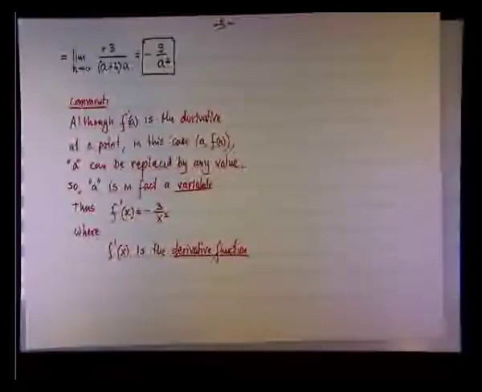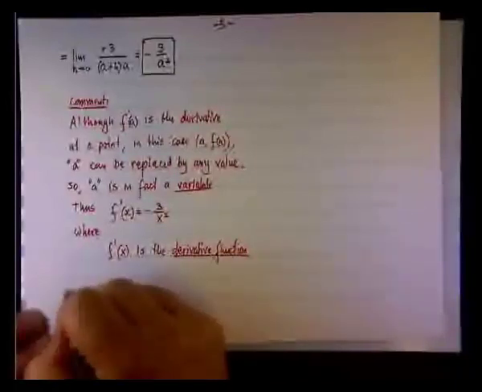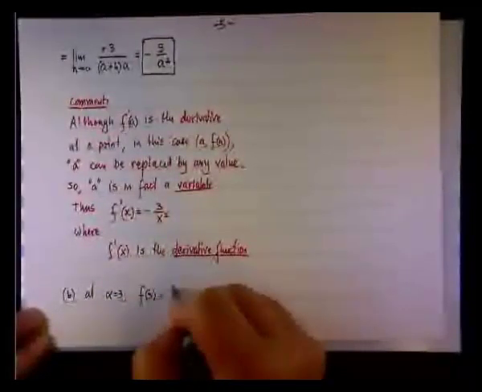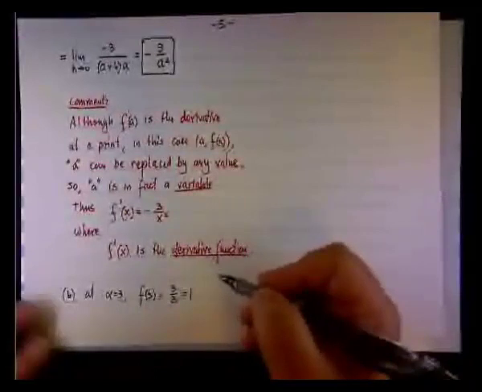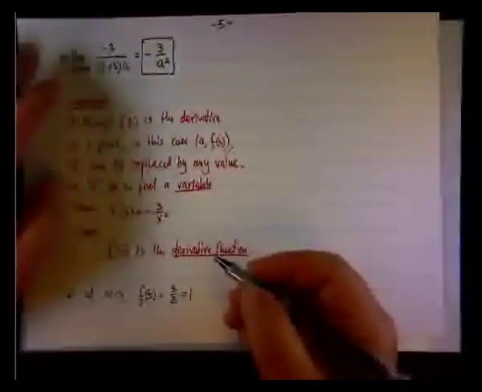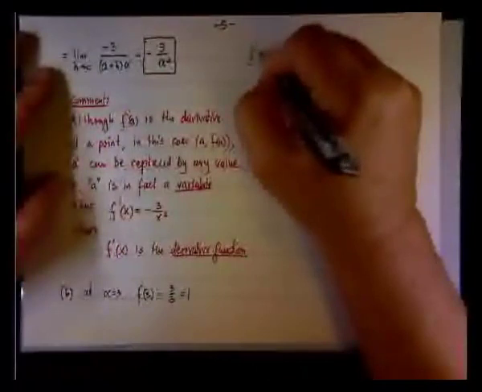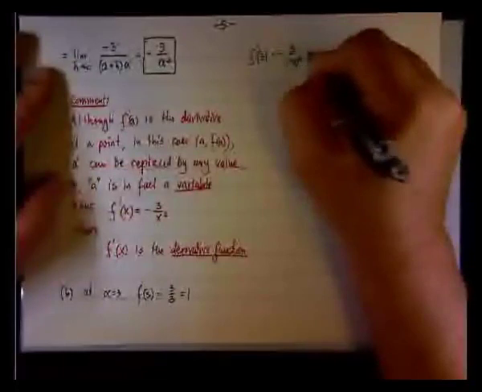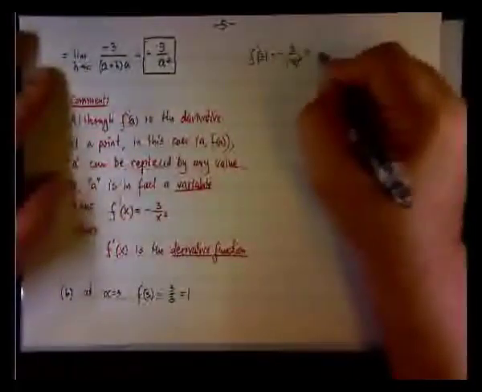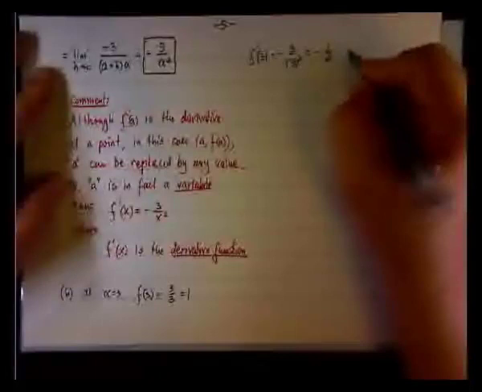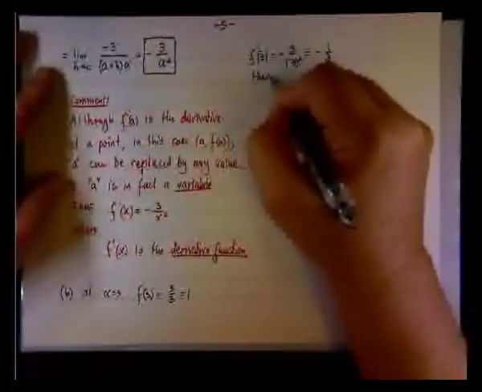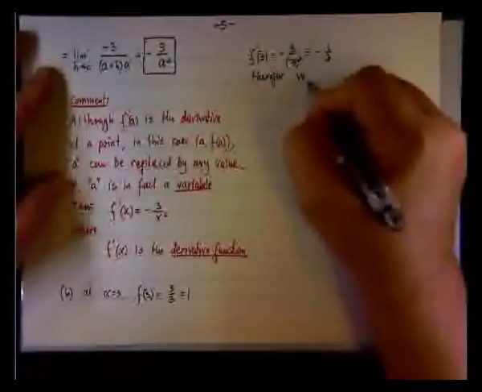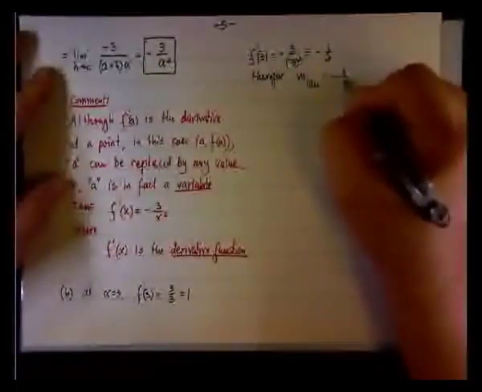Okay, what happened at x equals 3? At x equals 3, f of 3 equals 3 over 3, which equals 1, right? And now the derivative f prime of 3 equals negative 3 over 3 squared, and we end up having what? Negative 1/3. So we know that the slope, therefore, m tangent equals negative 1/3.